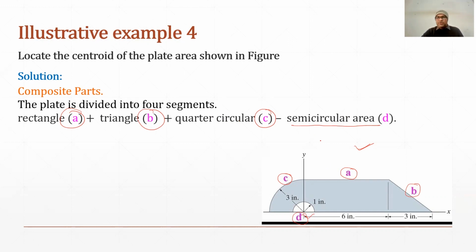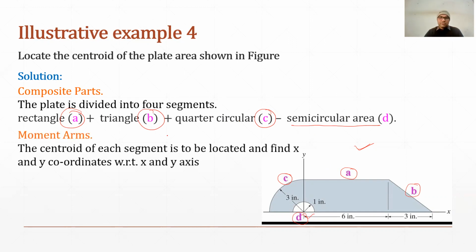Now our next step is to find out x approx and y approx for each of the four bodies, and then we have to tabulate them to do the further calculation. So moment arms with respect to x-axis and y-axis we need to calculate. So again here you can see in this body I have fixed y-axis and x-axis here.